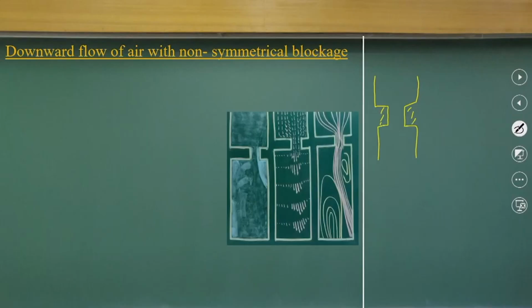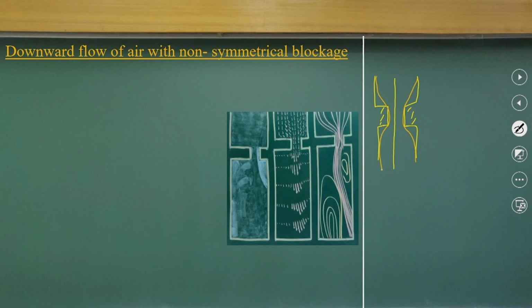If I draw the streamlines for this, so you can understand, the middle streamline will go like this, and the other flow patterns will change: the first one will come like this, go like this, come like this, go like this.